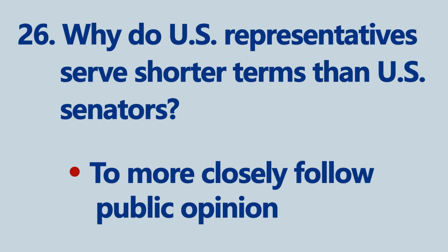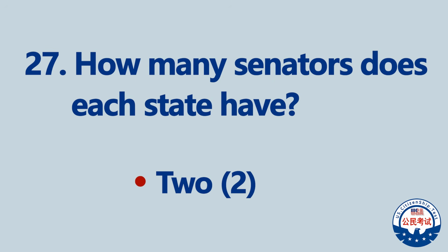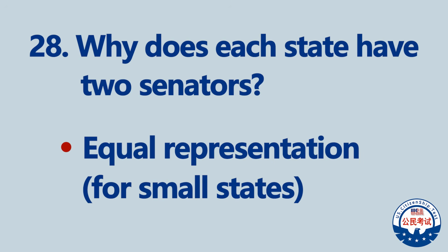Why do U.S. representatives serve shorter terms than U.S. senators? To more closely follow public opinion. How many senators does each state have? 2. Why does each state have 2 senators? Equal representation for small states.